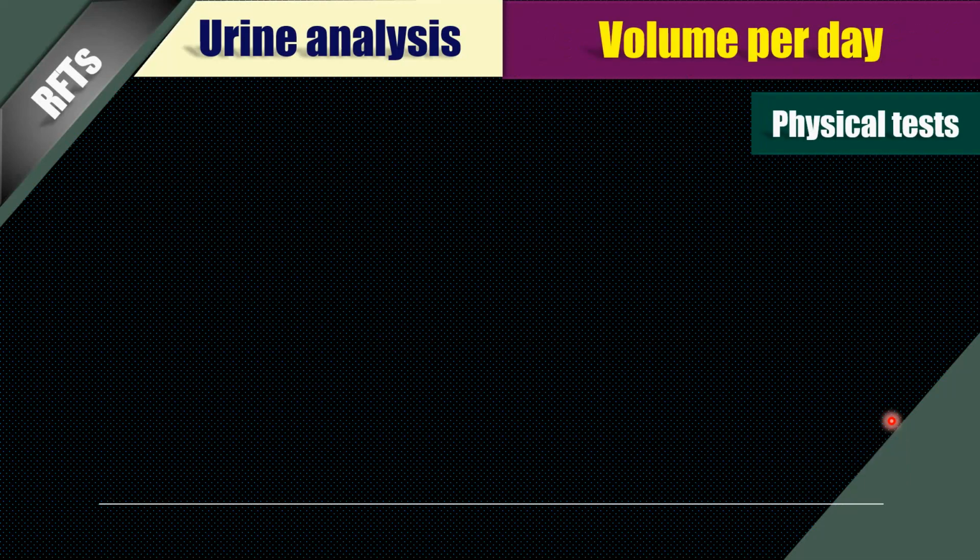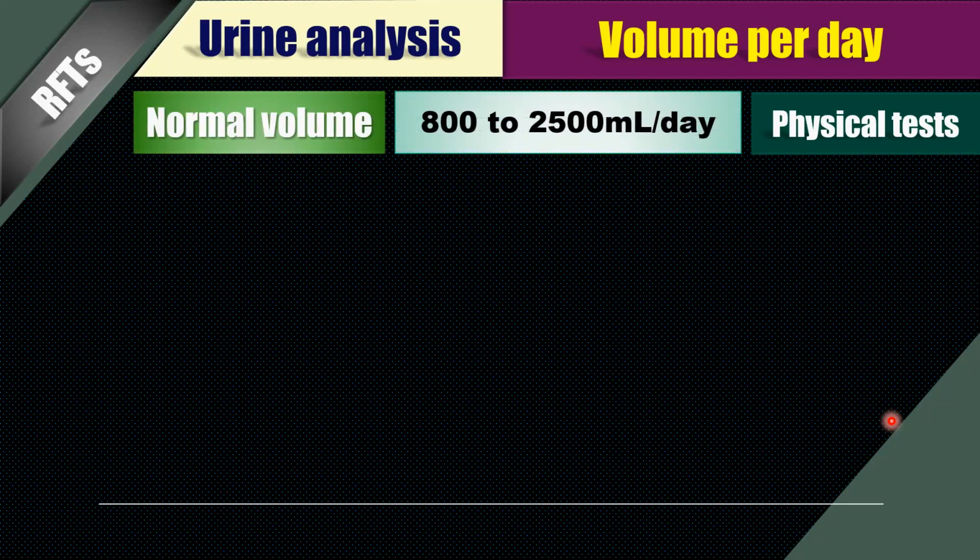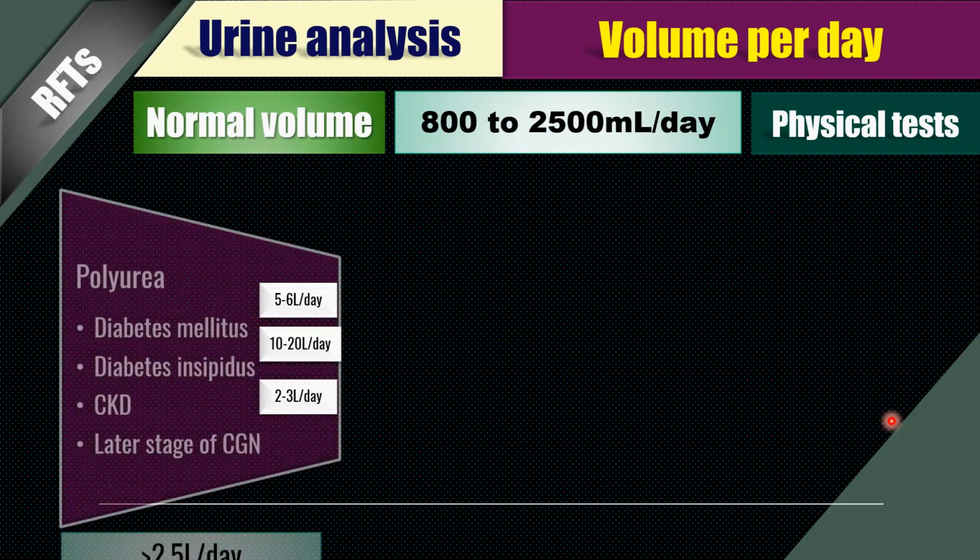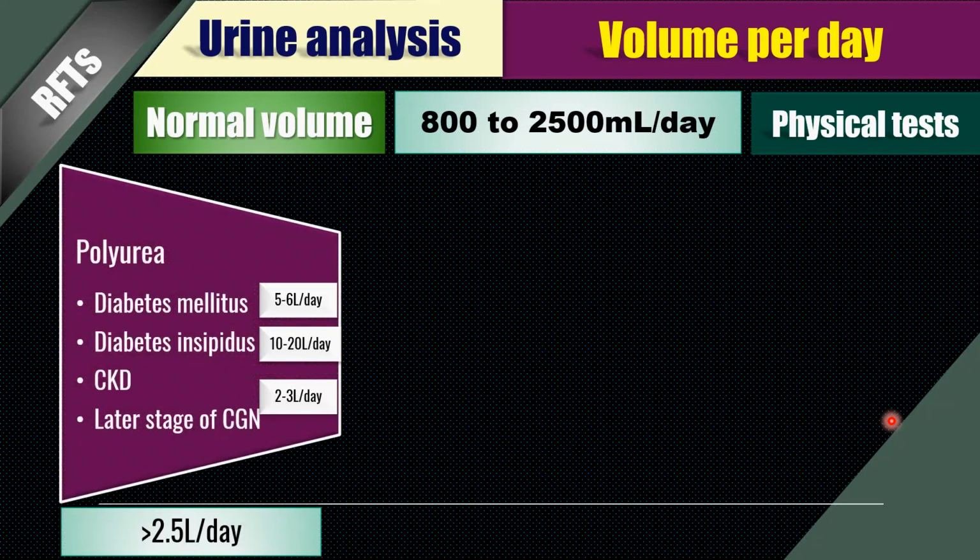Now we will see volume. When we say volume, it is the 24-hour urine output. Normal urine volume is about 800 to 2.5 liters per day. Suppose the urine output for 24 hours is more than 2.5 liters, then we call it polyuria.